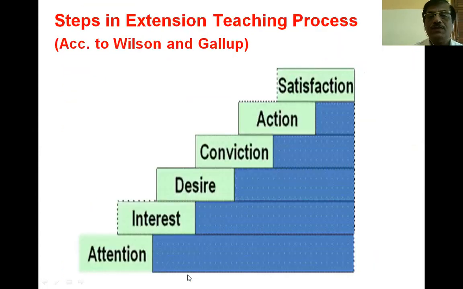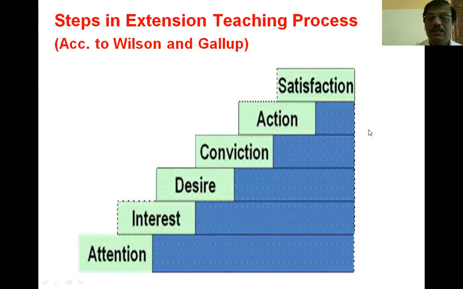So these are the steps in the extension teaching process, given by Wilson and Gallup. According to Wilson and Gallup, there are 6 steps in the extension teaching method. You can use the abbreviation AIDCAS: attention, interest, desire, conviction, action, and satisfaction.